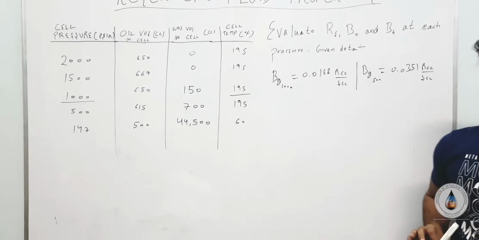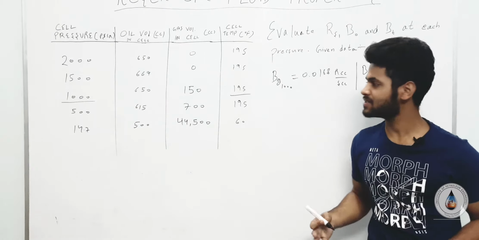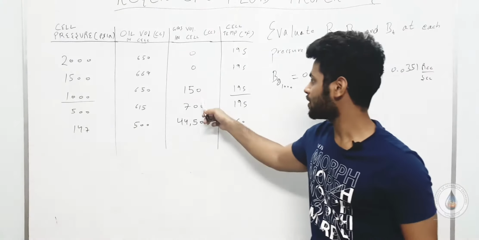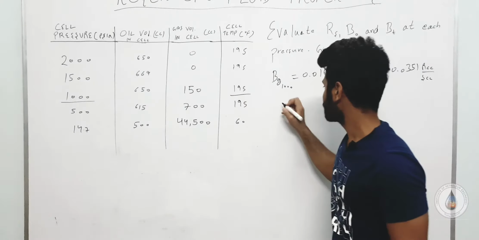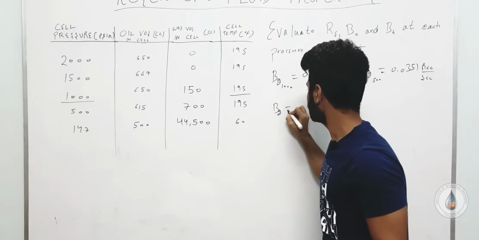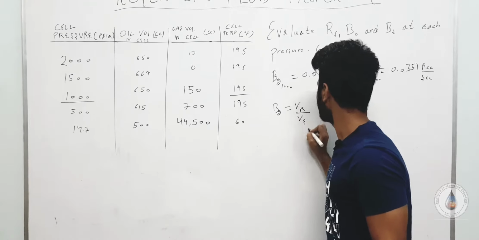So once I have evaluated the value of my formation volume factors, I'll simply have to calculate the volume of gas that would be at my surface condition. So Bg is basically volume at reservoir condition upon volume at surface condition.